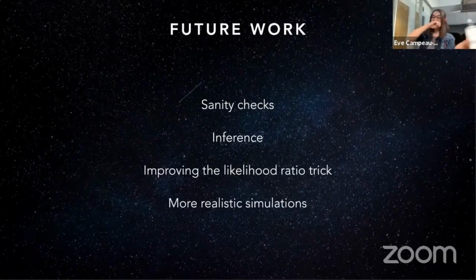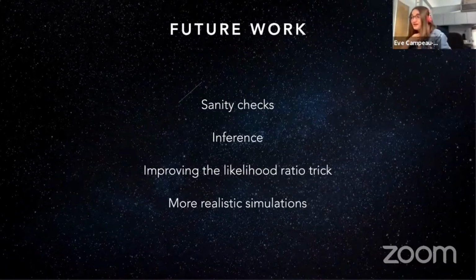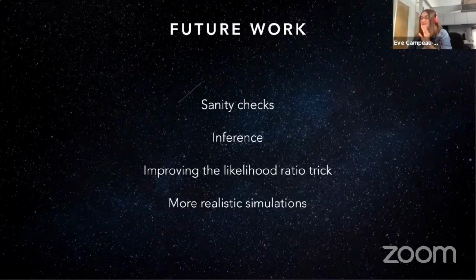Then there are many ways to conduct the likelihood ratio trick, and we'll have to find the best suited one for our problem. And we have to do more realistic simulations.